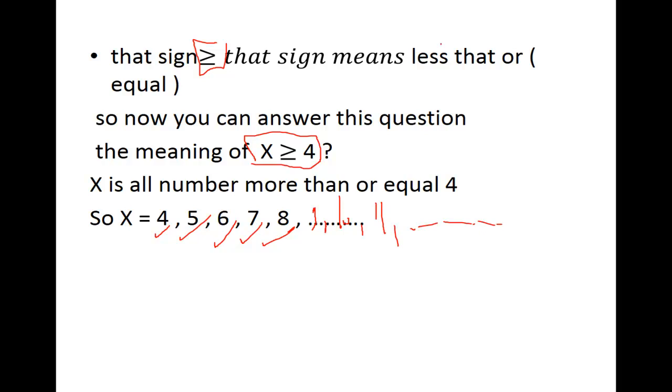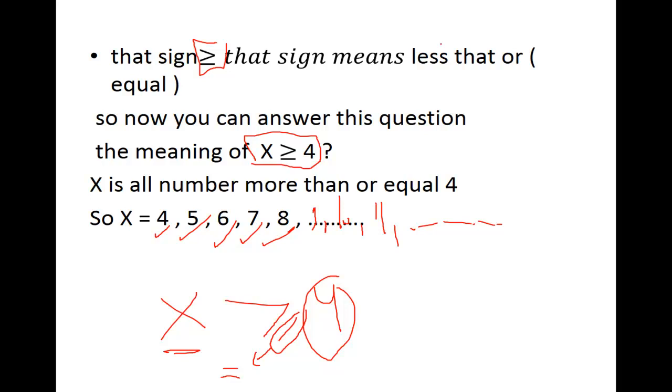Here we have x less than or equal to 4. All the numbers more than 4 are correct, like 5, 6, 7, 8. But here we have the equal sign. This slash means equal, so we have to take 4 as a solution also. So x equals 4, 5, 6, 7, 8, 9, 10.